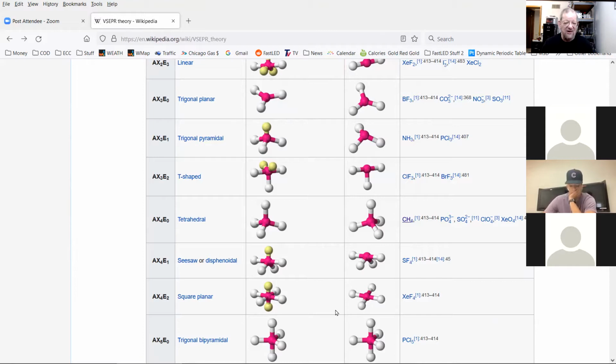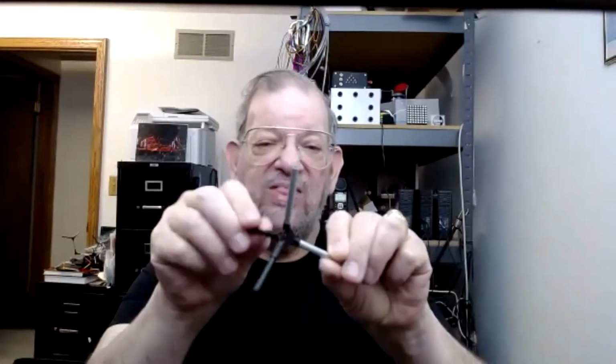Now, you're probably looking at this and saying, why am I learning this? Well, guess what? It affects your RNA and DNA. The shape of that is determined by VSEPR theory. I have here a model, which you saw earlier. We use these in organic chemistry. The center carbon, each one is a bond, and if there are hydrogens here, it's methane, your natural gas.